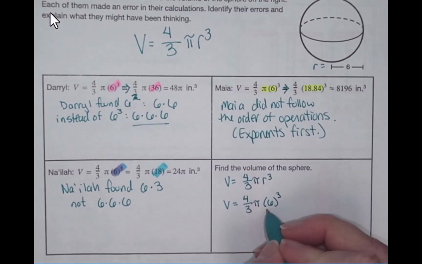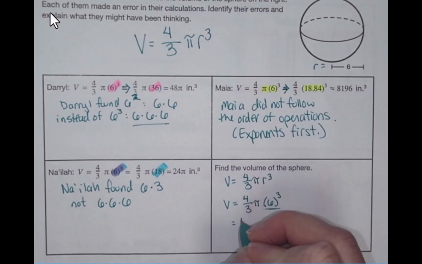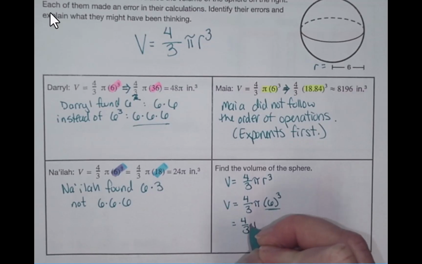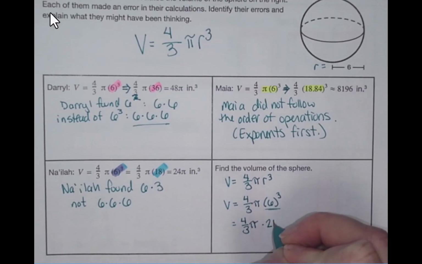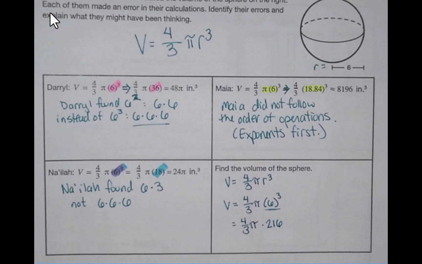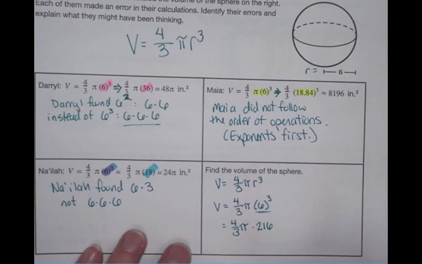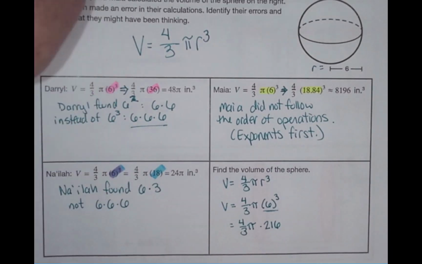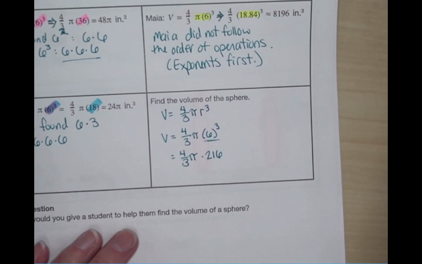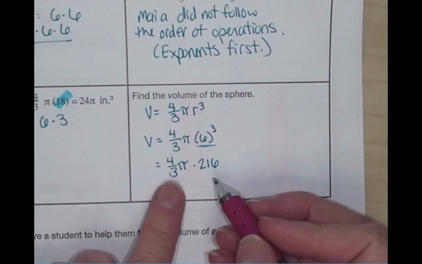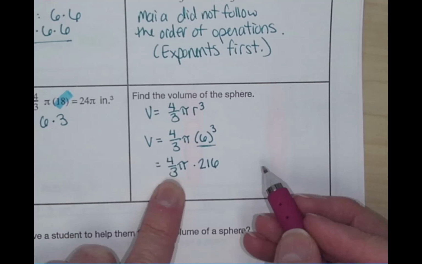So let's simplify this. And a quick little lesson in multiplying these things together. Zoom in one more time. I'm just going to multiply 4/3 by 216 over here on the side.